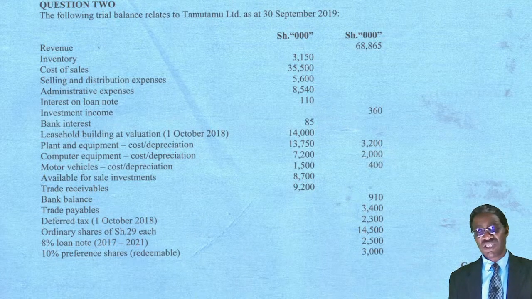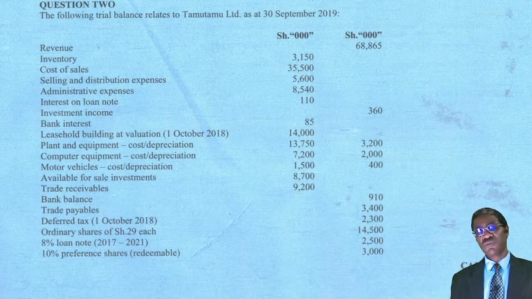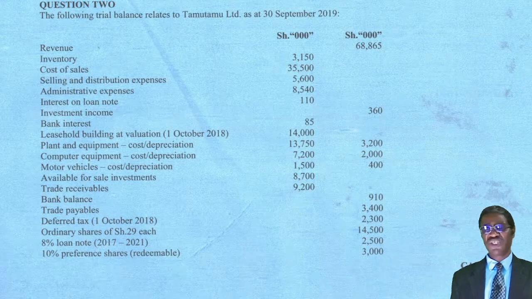Then you have trade receivables. You have bank balance. You have trade payables. You have deferred tax. Again, you can see deferred tax is on 1st October 2018. Then you have ordinary shares of shillings 29 each. Then you have 8% loan. Of course, it will mature in 2021.